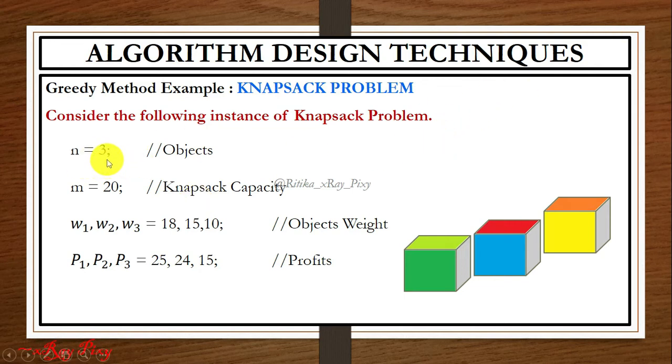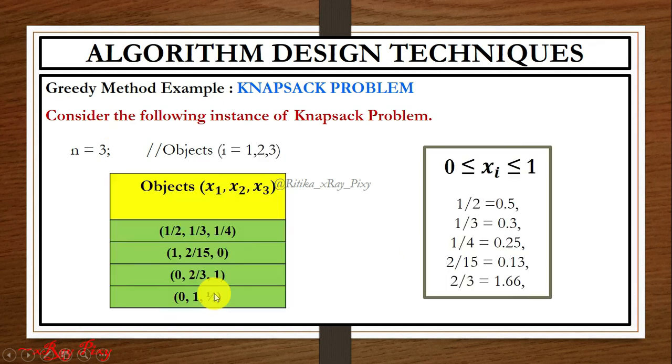We have three objects, so value for n is 3. Knapsack capacity is represented by m, so m here is 20, that is the knapsack capacity, and we have three objects and knapsack capacity is 20, and object weights you can see, and the profit you can see here. Now we need to satisfy this constraint.